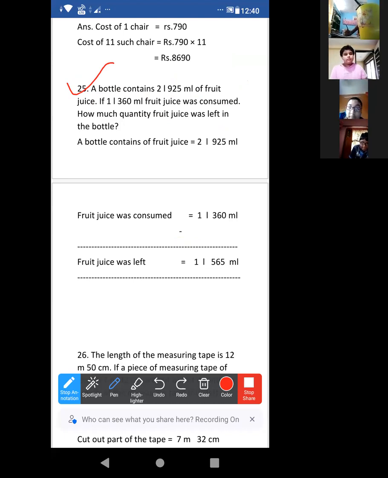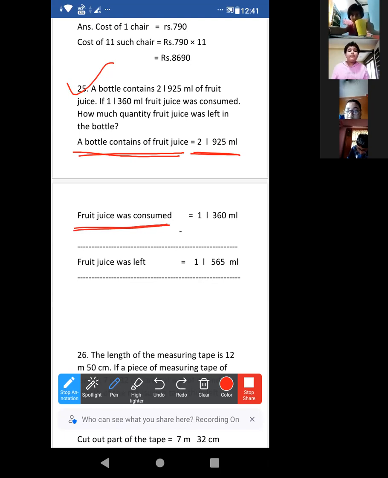Those who have completed, show me the copy, not all the students, only those who have. You have not written the statement properly. Shamia, only you have shown the subtraction. Look, here it is written now. The bottle contains fruit juice, this ml, this liter, this milliliter.